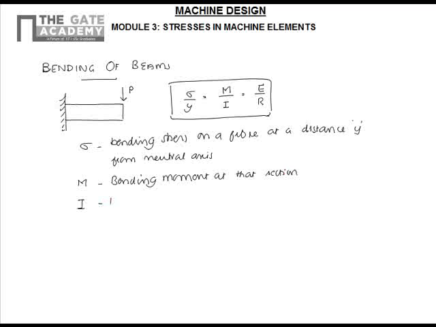I is the moment of inertia. E is the Young's modulus. And R is the radius of curvature of the beam.